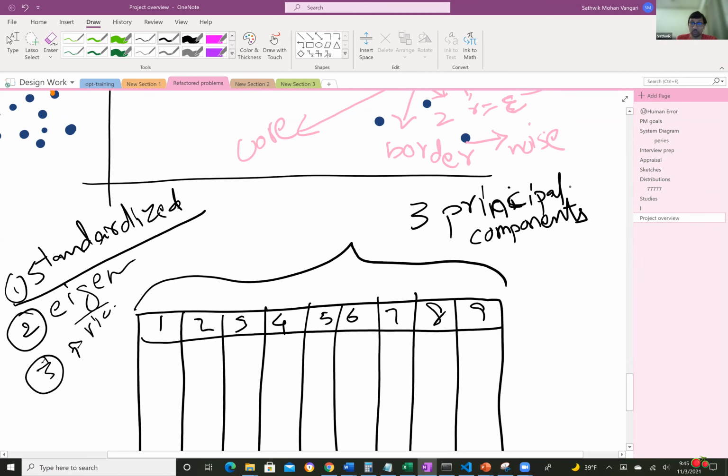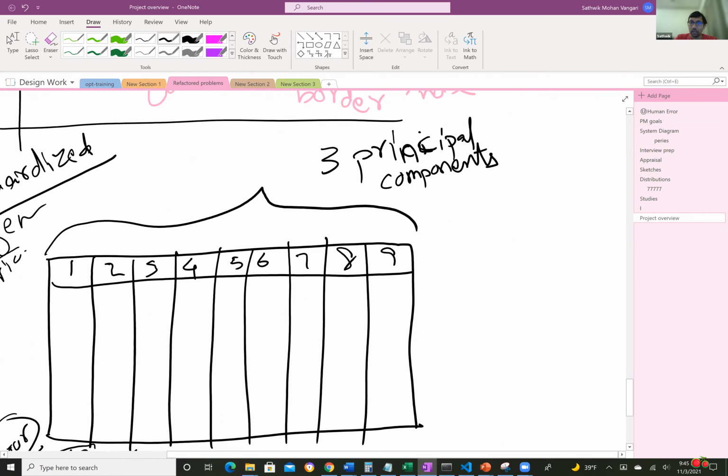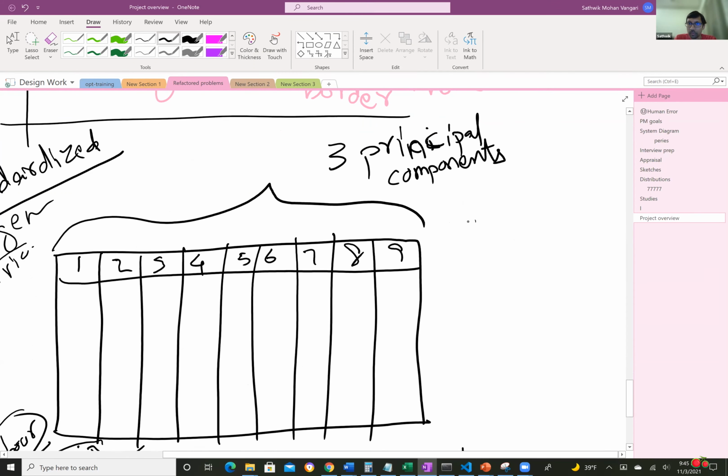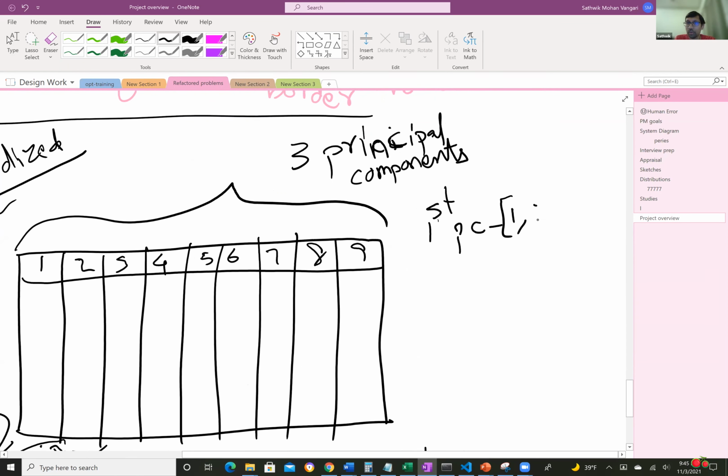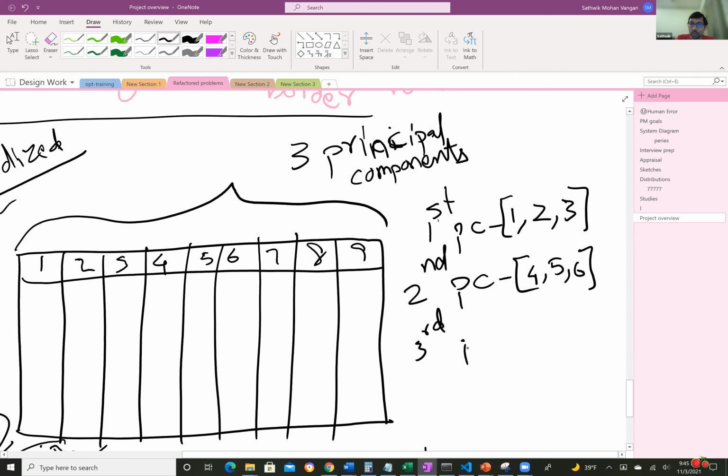Let's assume again that 1, 2, 3 here, my first PC or principal component, is the combination of my first 3 columns. The second principal component is a combination of 4, 5, 6 columns. And the third PC is a combination of the rest.